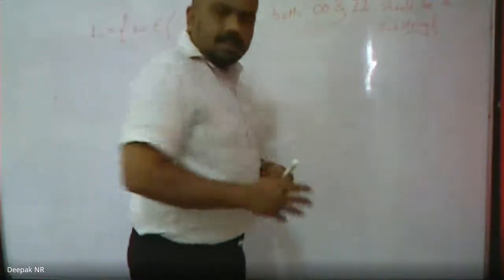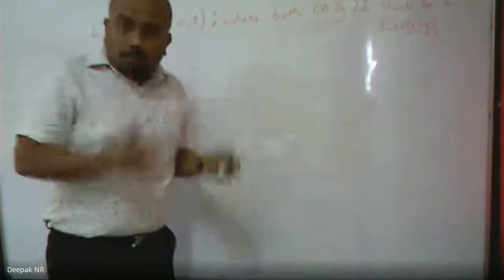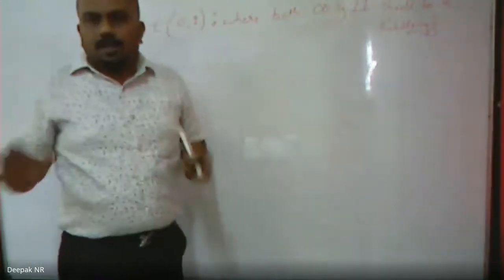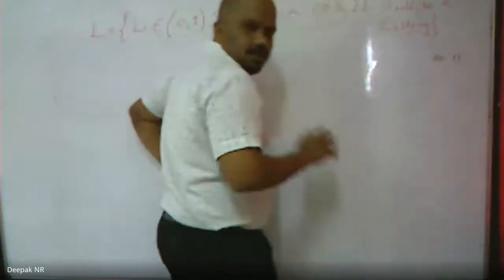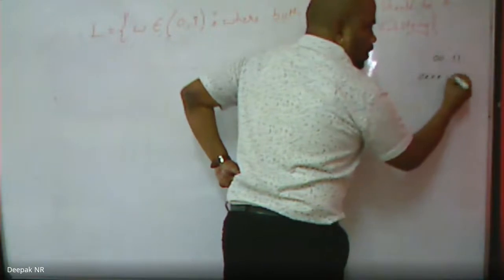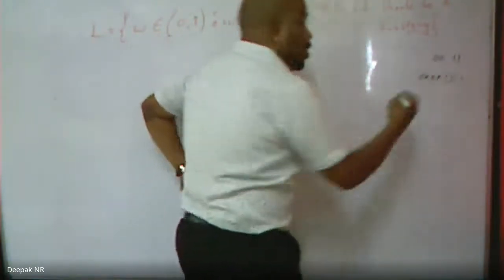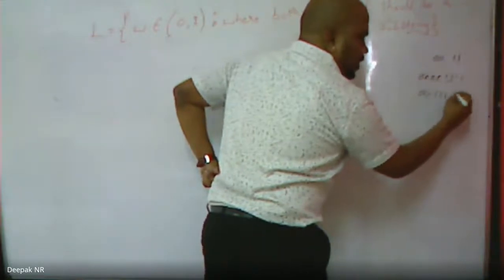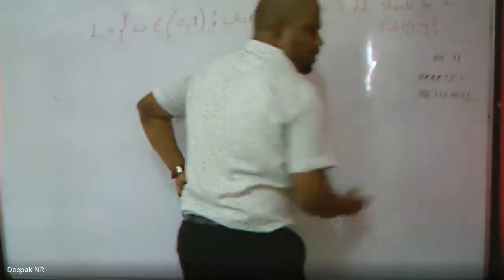Simple thing: you can write anything, I don't mind, but there should be 0 0 and there should be 1 1 as substrings. I mean to say 0 0 1 1 is valid, or 0 0 0 0 1 1 1 1. Yes, it is valid because 0 0 is present and 1 1 is present, or else 0 0 1 1 1 0 0 1 1, where 0 0 is present and 1 1 is present.